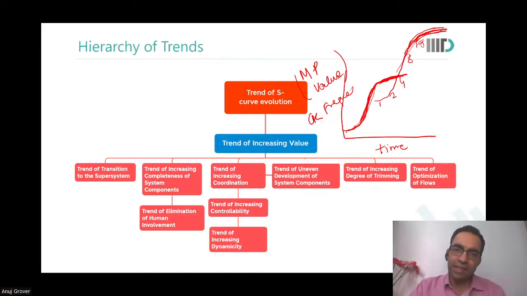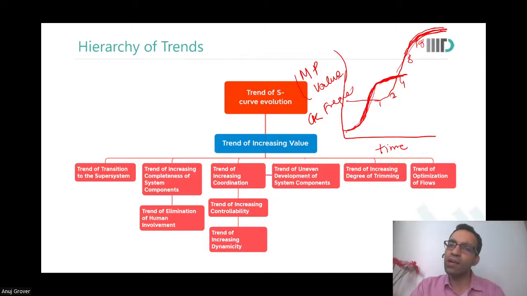So this is the trend of S-curve evolution. Initially, for a very long time, there was only one core. Just one core used to exist, for a very long time. Then someone said, let me put 2 cores, 4 cores, 8 cores, 10 cores, 12 cores, and then it is kind of saturated. Now people do not even look at how many cores there are.